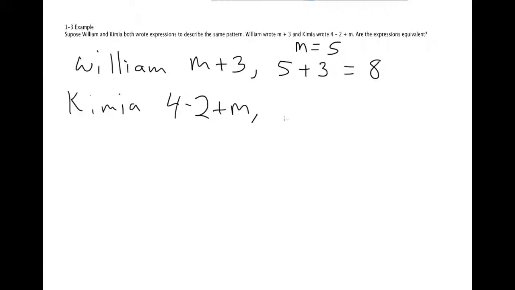In the case of Kimia, we have 4 minus 2 plus 5, and that's going to give us an answer of 7. And with the answer of 7, that tells us for a same value of the variable, we get different answers for the expression. Therefore, we have shown through this counterexample that they are not equivalent expressions. That's all it takes to do that. If they come out differently, they're not equivalent.